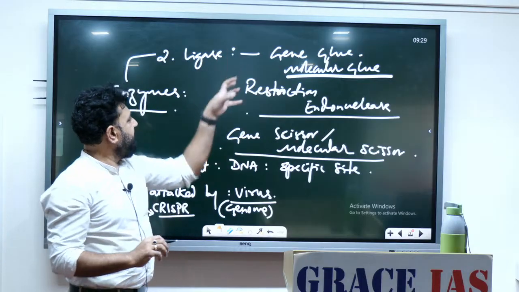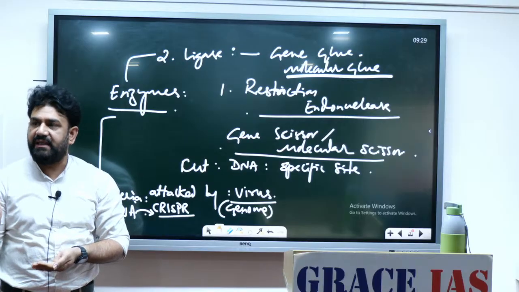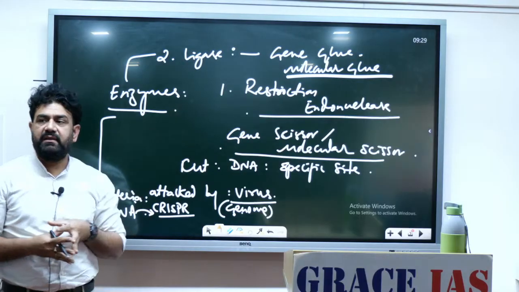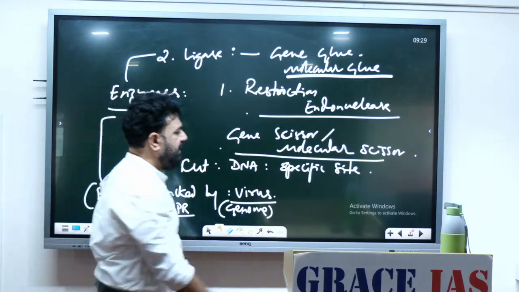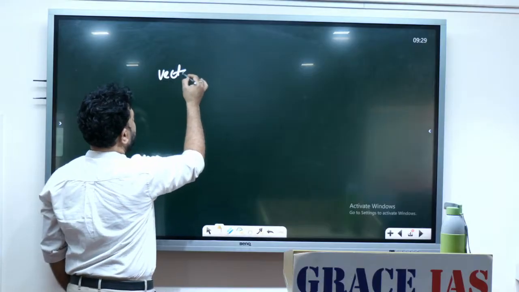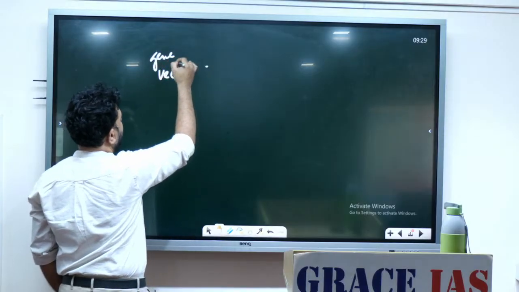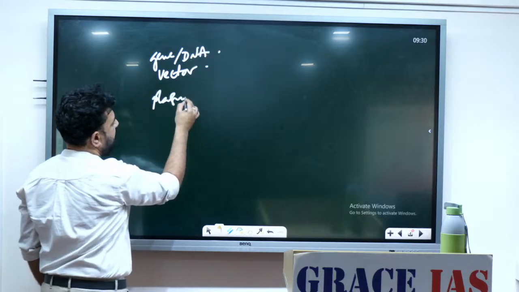So whenever you talk about modern biotechnology or genetic engineering or rDNA technology, we have certain raw materials, terminologies you have to understand: enzymes. Next, you have to understand the gene vector or DNA vector, which is nothing but a plasmid. What is a plasmid here?